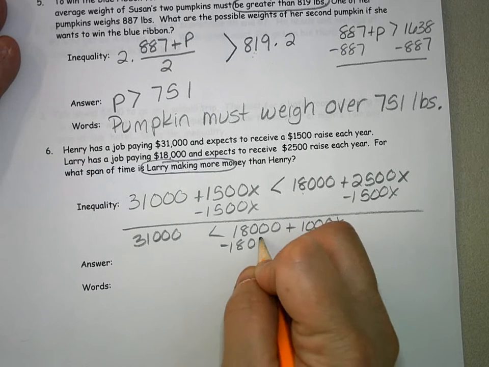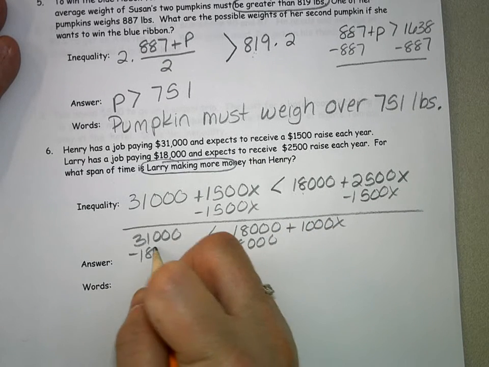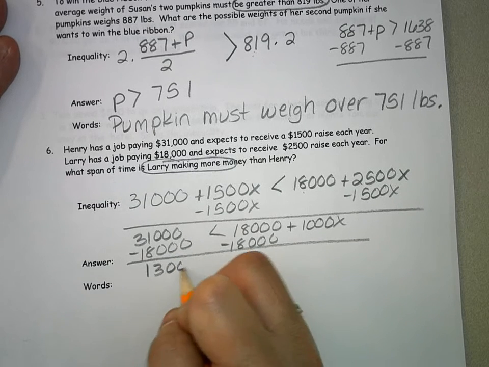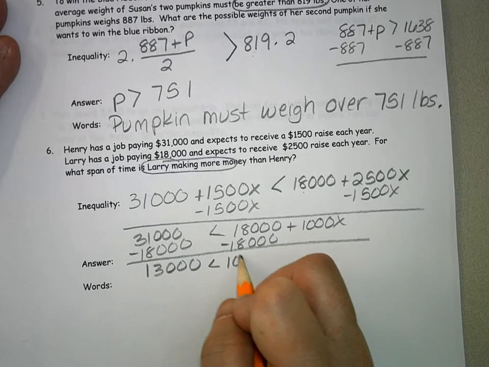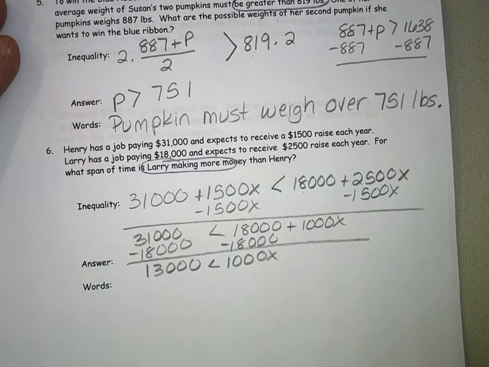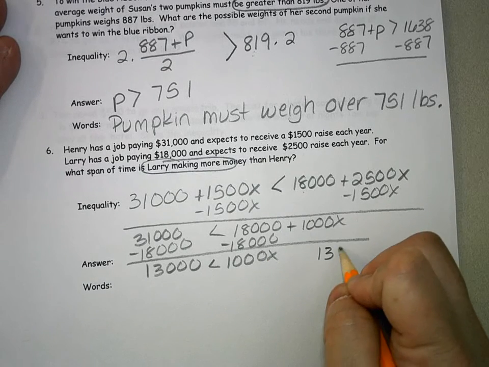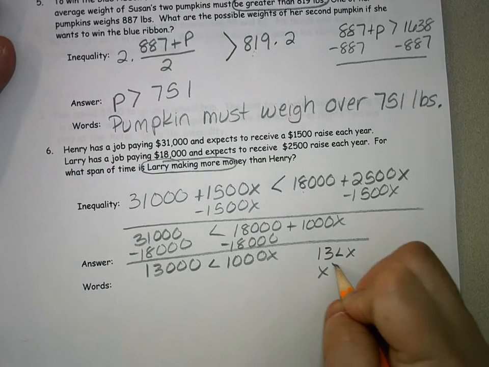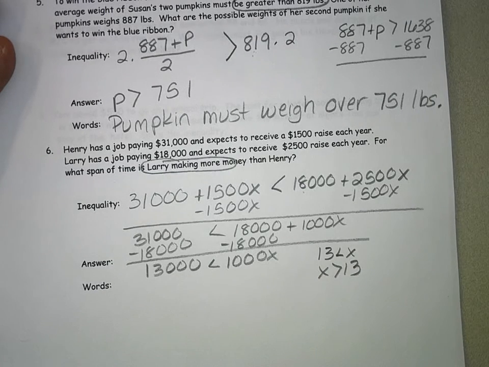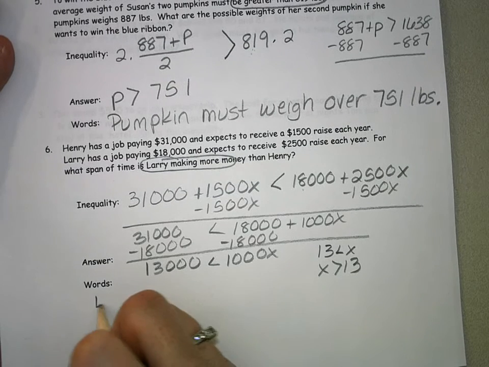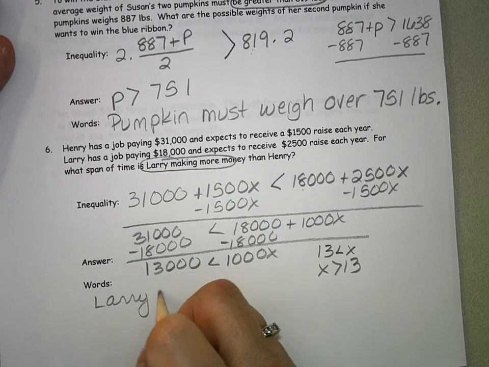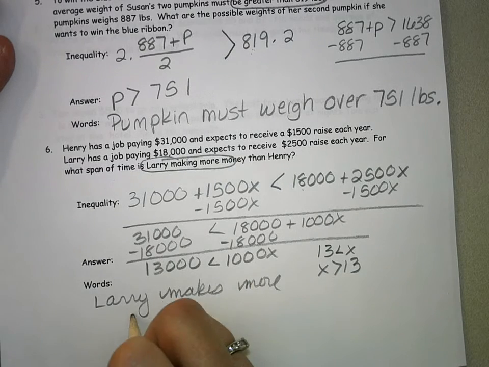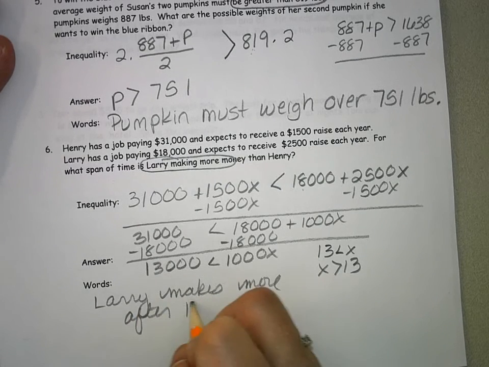And when you subtract 18,000, you end up with 13,000 is less than 1,000x, or 13 is less than x. I prefer to write that as x is greater than 13, and then you can say Larry makes more after 13 years.